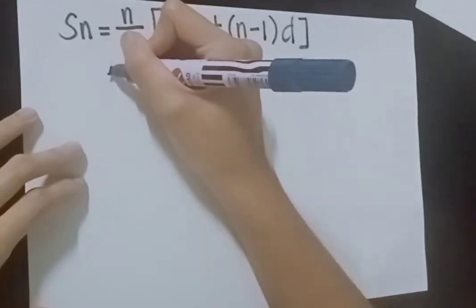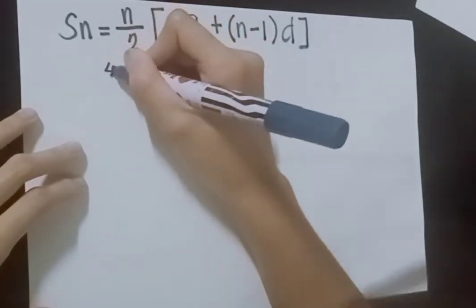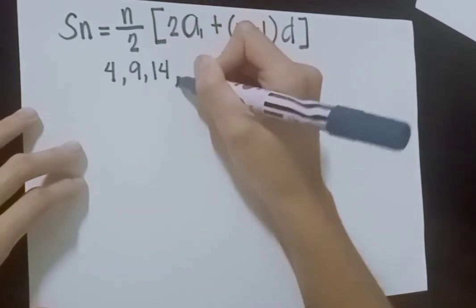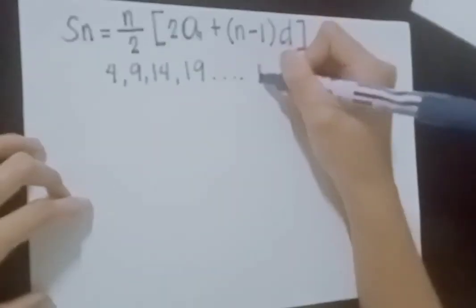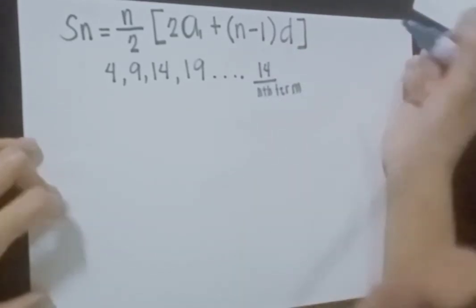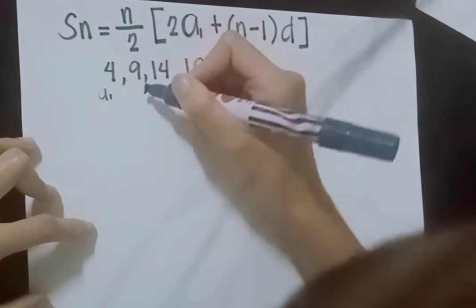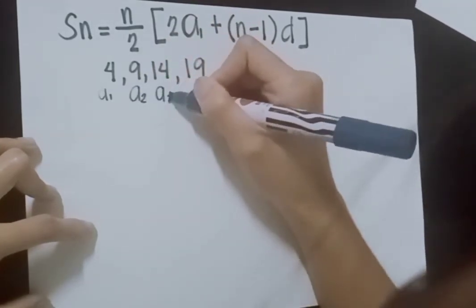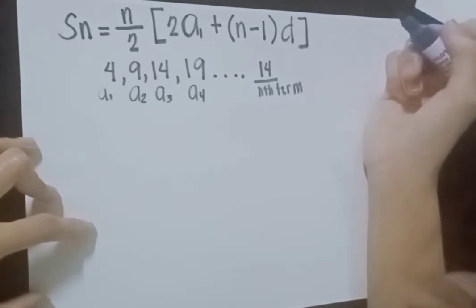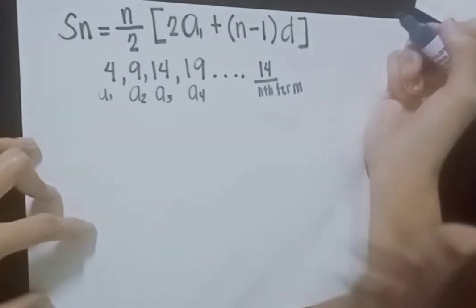So we will use the arithmetic sequence 4, 9, 14, and 19, and our nth term is 14. The first term is a sub 1, then a sub 2, a sub 3, and a sub 4. Now we will simplify it.